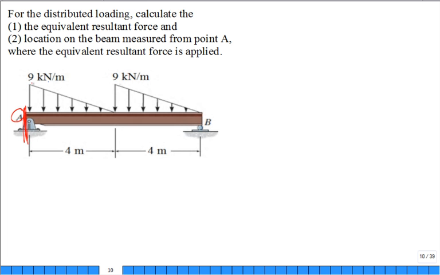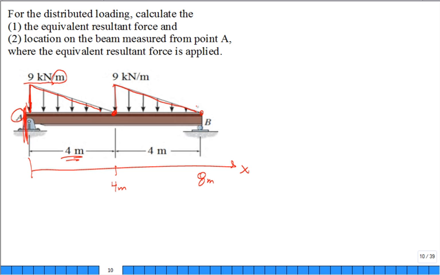Meaning that you have 9 kilonewtons per meter intensity of the load right here, and then it goes down to 0 intensity at a distance, let's run x out to 4 meters, and then another part kicks back up to 9 kilonewtons per meter, and then it drops back down at 8 meters to 0.